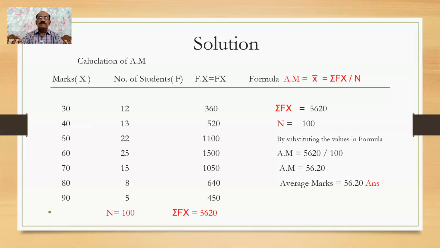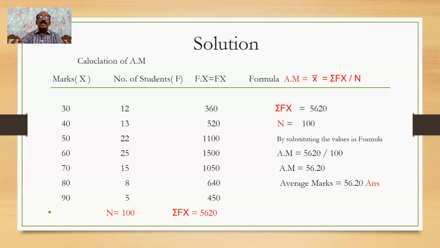That means here first you have to remember, recollect the formula and write the formula on the paper. According to that formula, you have to create the columns. Here the fx column, x column and y column, f column is given.